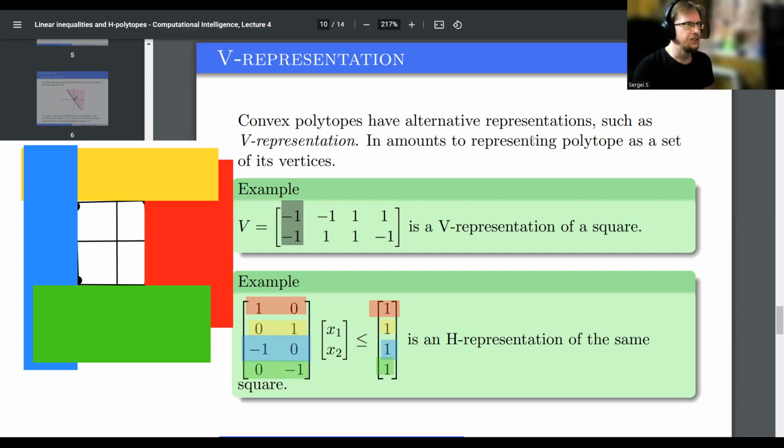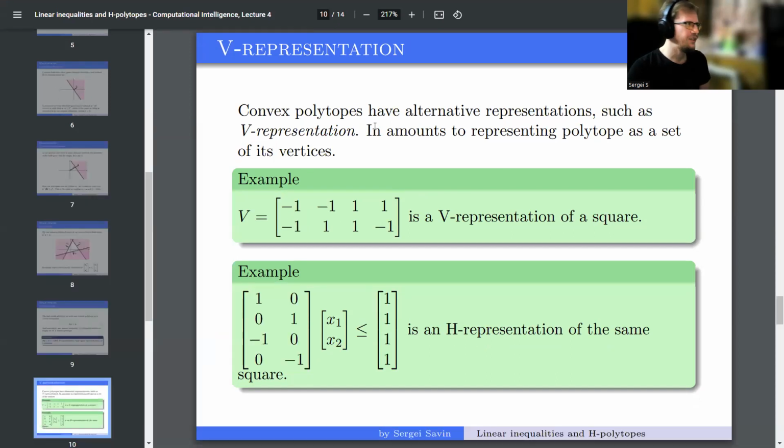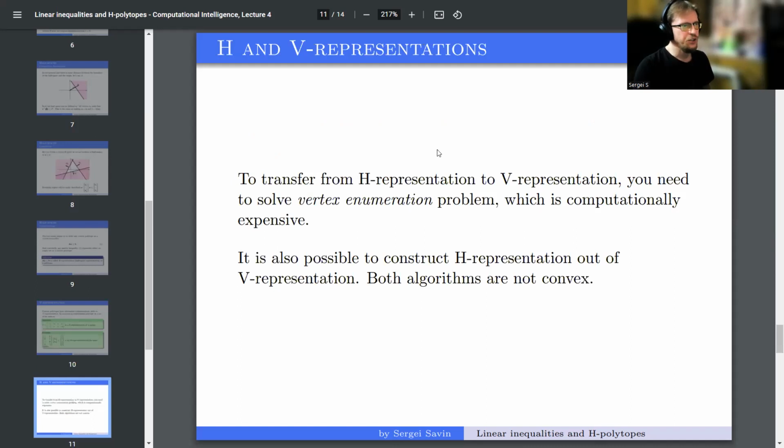How do you go from one to another? Well, you can, of course, just do geometry and find normals, etc. Like knowing 2 points, you can always draw a line between them, find a normal using, for example, the left null space of the line or cross product. There are many ways. But you can also go from H representation to V representation by calling a function.